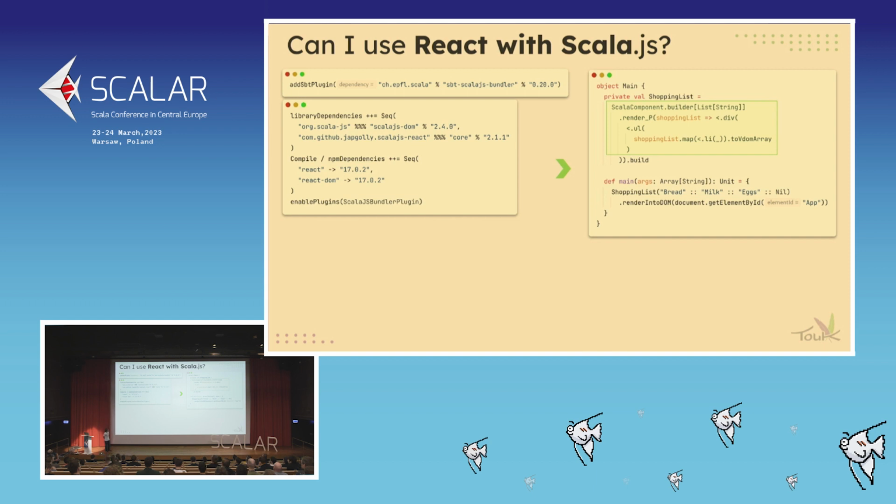So what we are doing here is using a builder to create a component which has props, and we are using those props later to render some element. And a little bit further, we are using the created template to actually render that into our DOM, to some container with ID app.